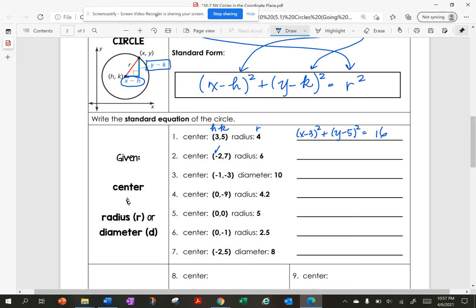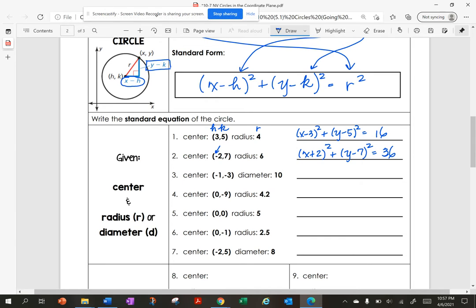Okay, when I have a minus sign here, this is going to be x minus negative 2, so that makes it x plus 2 squared plus y minus 7 squared equals 36.